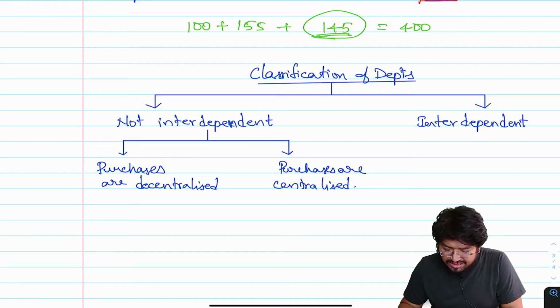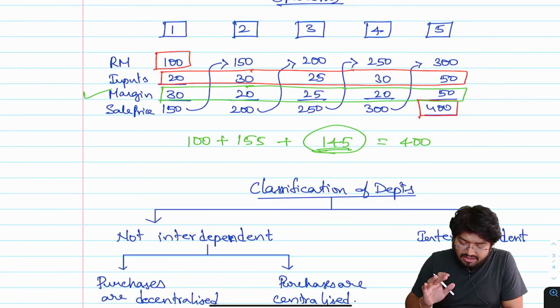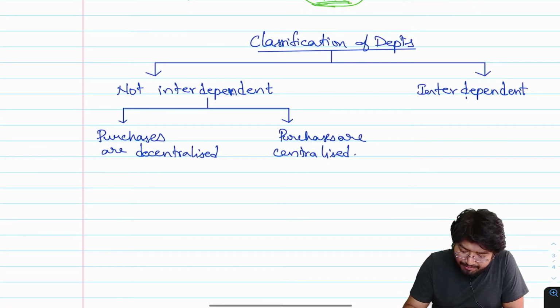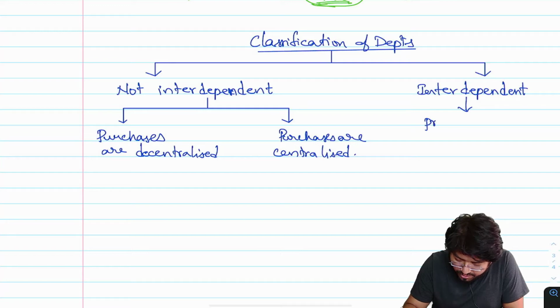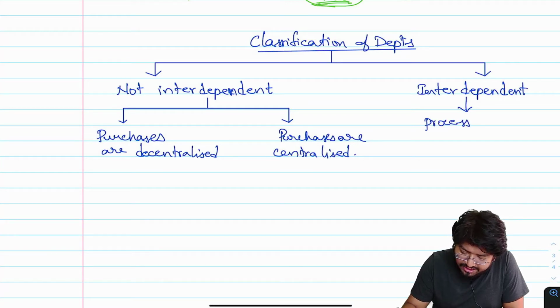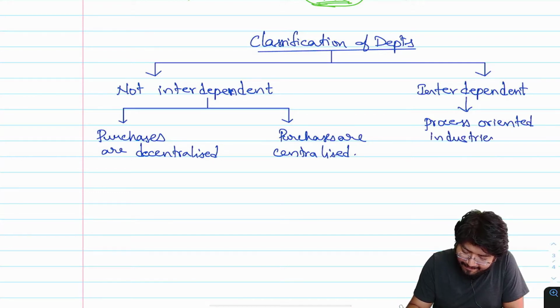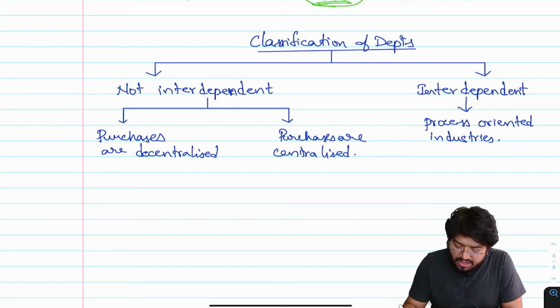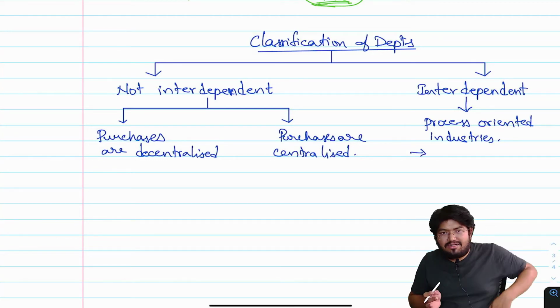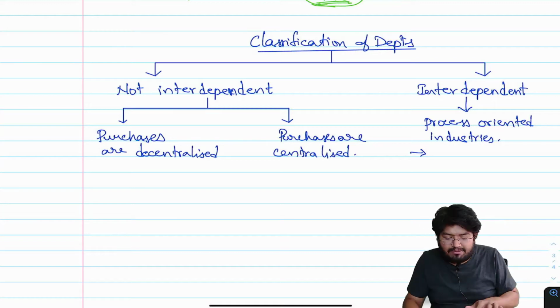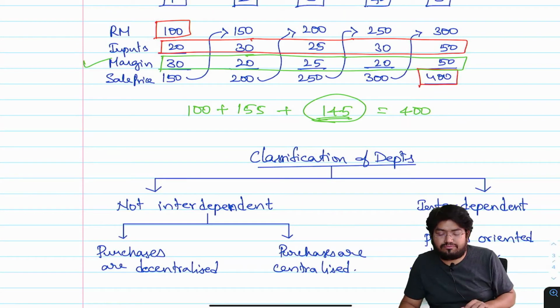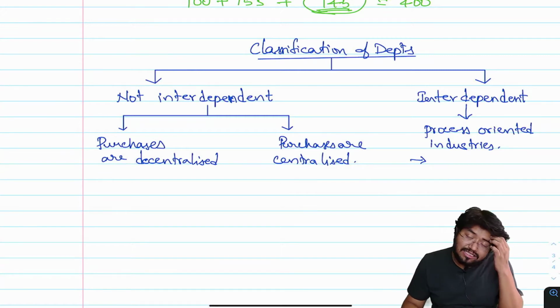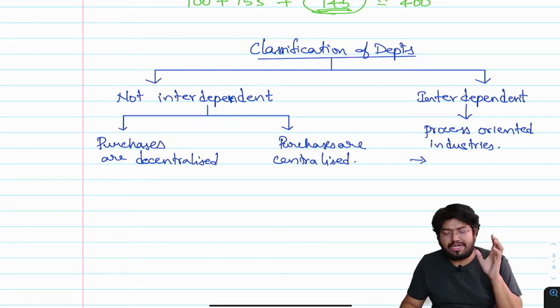Okay. Now, first let's understand what is interdependent, which is basically where the departments happen to be in process oriented industries. That means each department will become input for the next department, like the example which I gave you now. Okay, in such case they are considered to be process oriented departments.